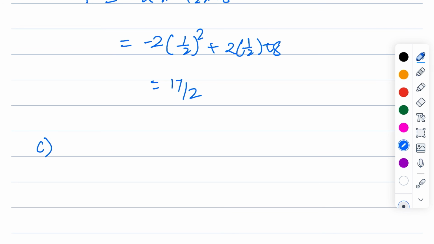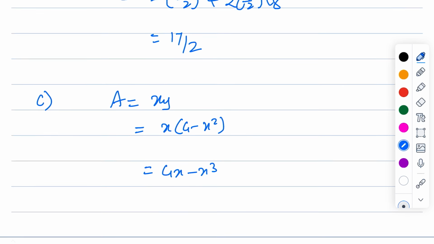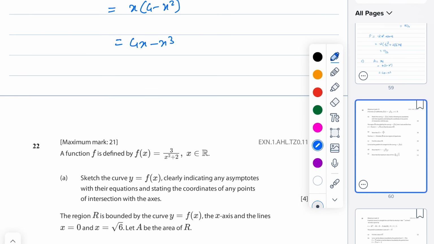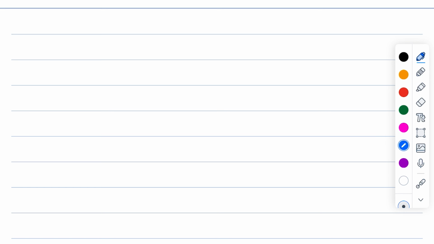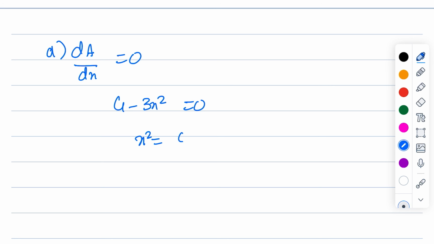Next, find an expression for area. Area equals length into width. So x times 4 minus x square, which is 4x minus x cube. Find the dimensions at maximum area. For maximum area, dA by dx should be equal to 0. 4 minus 3x square should be equal to 0. x square equals 4 upon 3. x equals plus or minus square root of 4 upon 3.